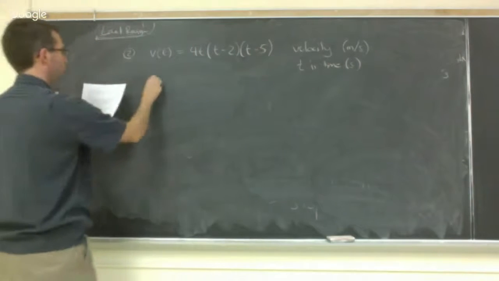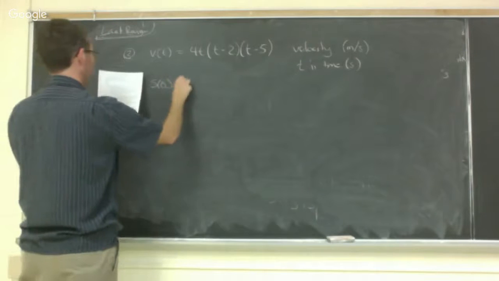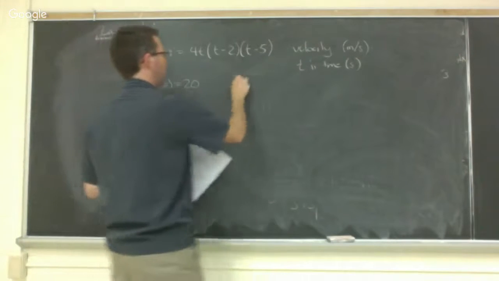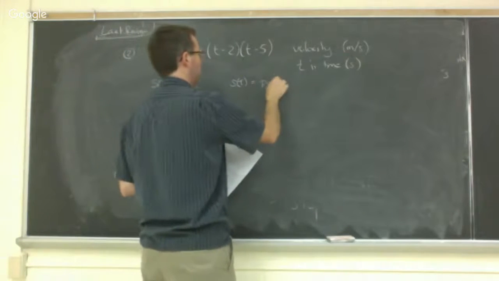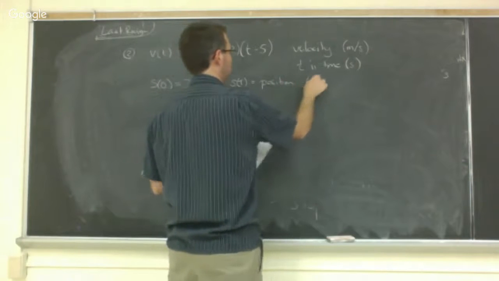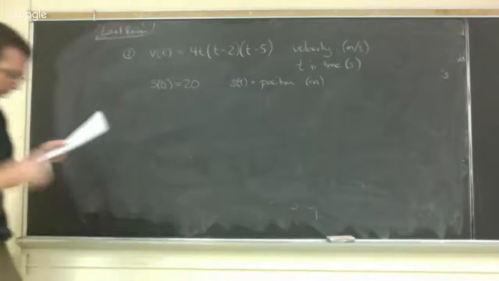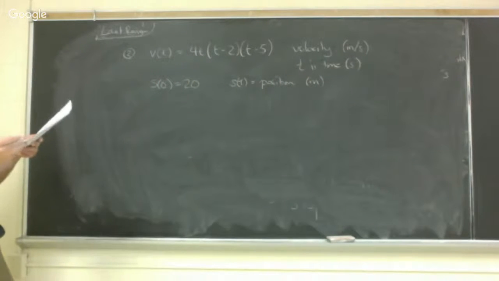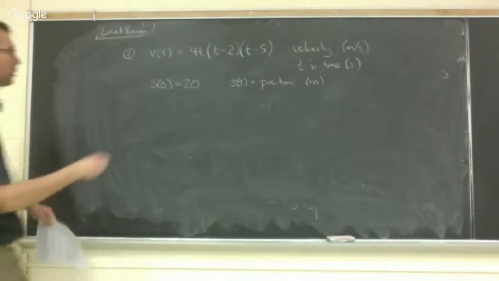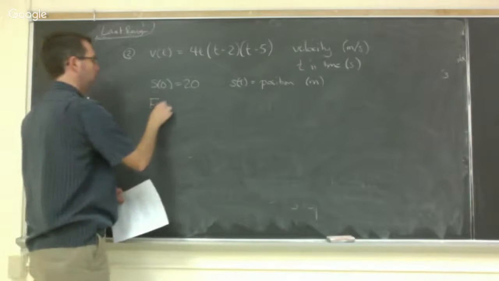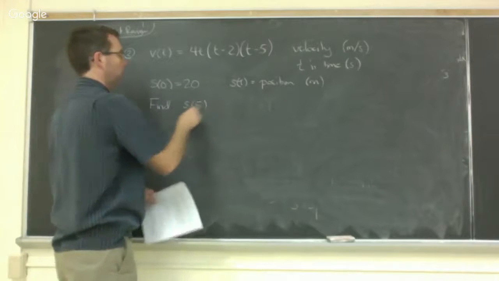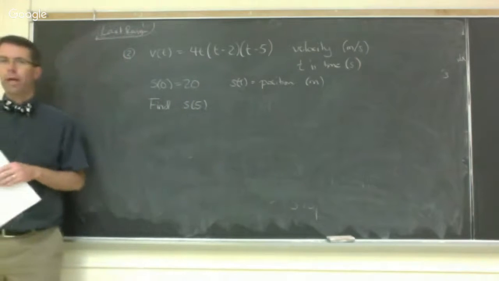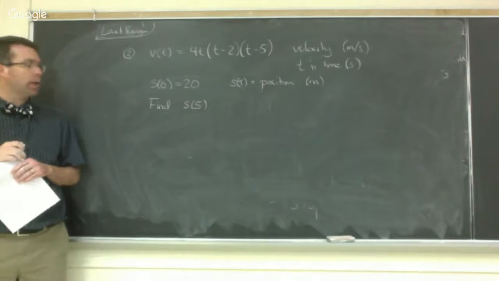We have a position at time 0 is 20, measured in meters. And our job is to find the position after 5 seconds. So how would I go about finding the position after 5 seconds?